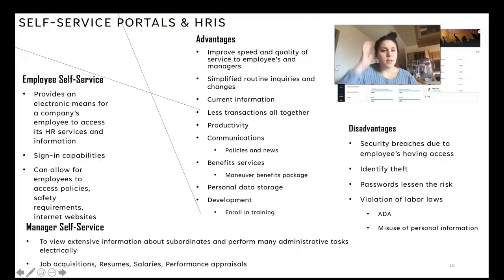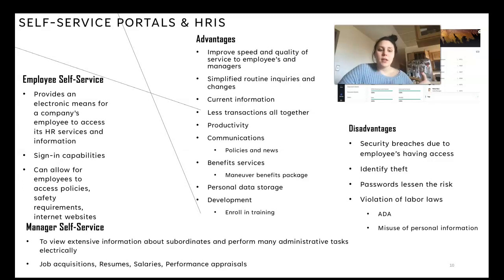Self-service portals in HRIS. There's employee self-service, where employees log on and get to any type of resources, whether that's benefits, policies, or anything they would otherwise be reaching out to HR professionals for, and it could save a lot of money and time. The direct benefits include benefit services, developing and training classes, like earning those little badges, which are really important.